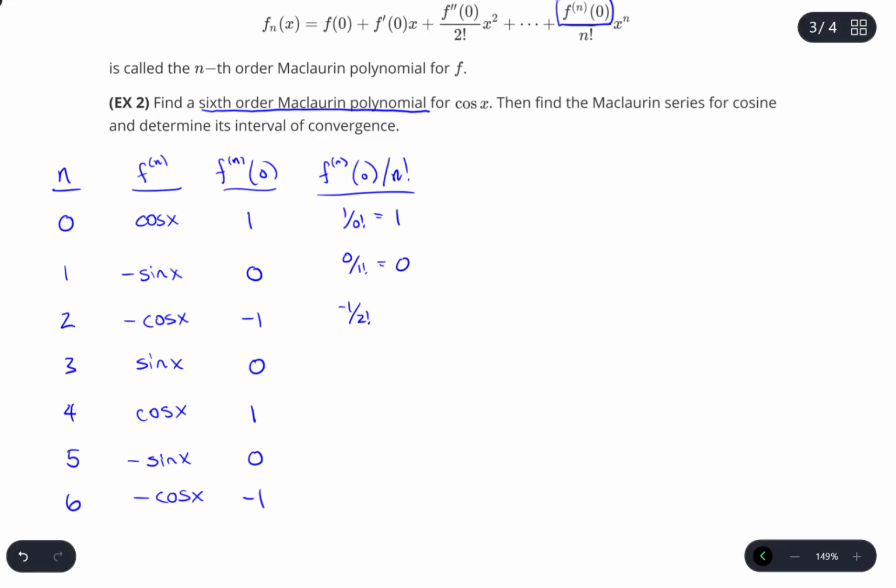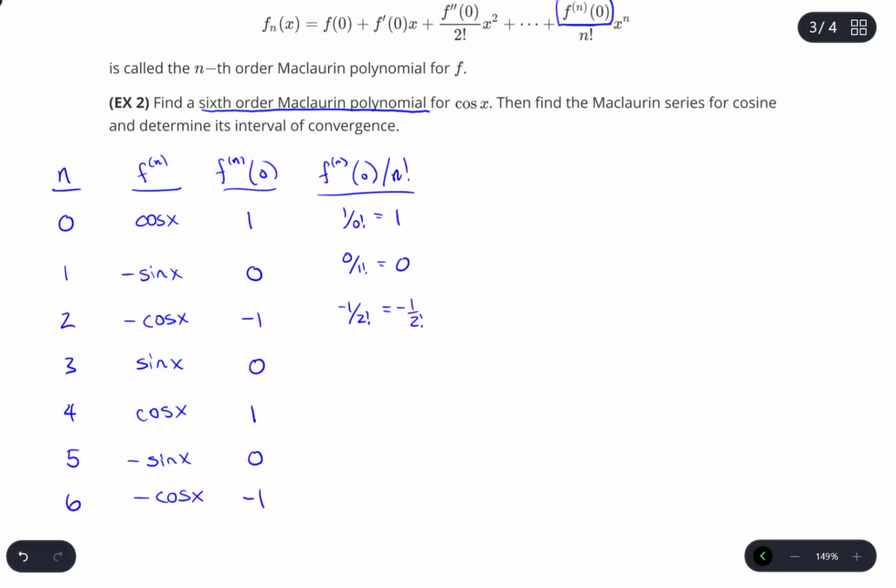Negative 1 over 2 factorial. There's a question as to whether you should actually evaluate the factorials or not. Sometimes it makes it easier to come up with the value of your series if you leave the factorials alone. You can see patterns a little bit easier, so I'm going to do that in this case.